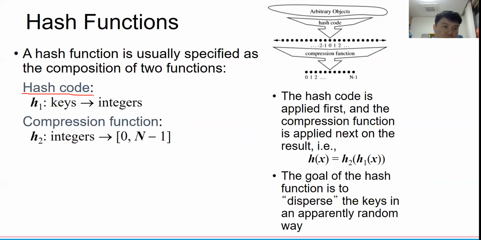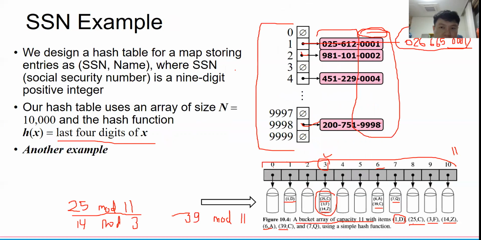Let's say the key that you have is not an integer. Here the key is an integer, so it's good: 1, 25, 3, 14, and also 0001. It's a number, so it's easy to understand the key.